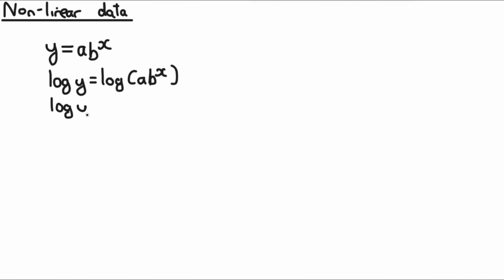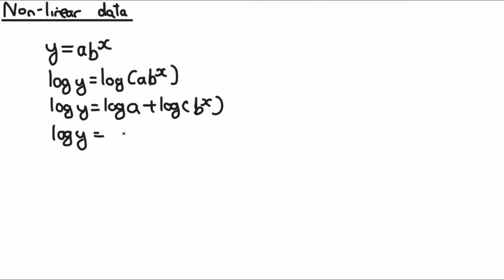And then log y is equal to, I'm going to separate these again, so it's going to be log a plus log of b to the power of x, and then we can put this x at the front here, so it's going to be log y is equal to x log b.